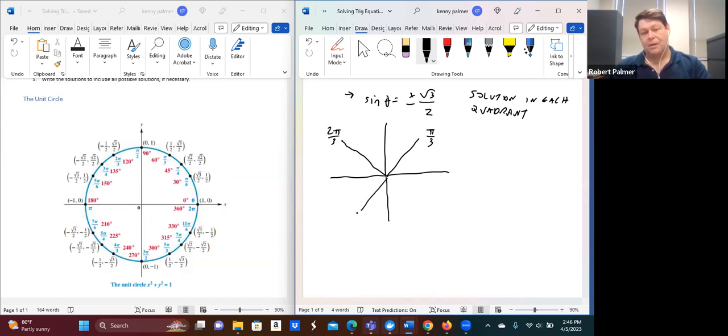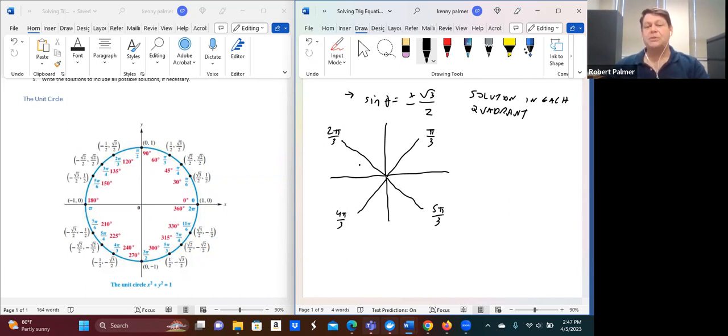In quadrant 3, that's going to be 4 pi over 3. That gives us a negative value, negative square root of 3 over 2. And then finally in quadrant 4, that's going to be 5 pi over 3 in radians. Of course, in degrees, we'll see this as well.